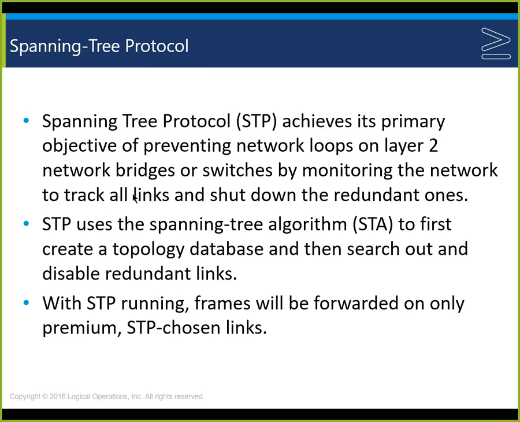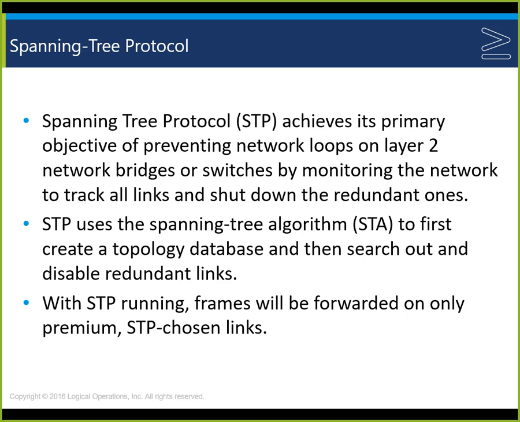So monitoring bridges and switches to track all the links and shut down the redundant ones. We want to have a single path to these devices. It uses the spanning tree algorithm. First, it's going to create a topology database and then search out and disable the redundant links.